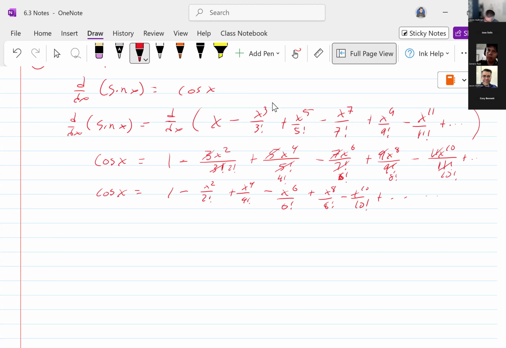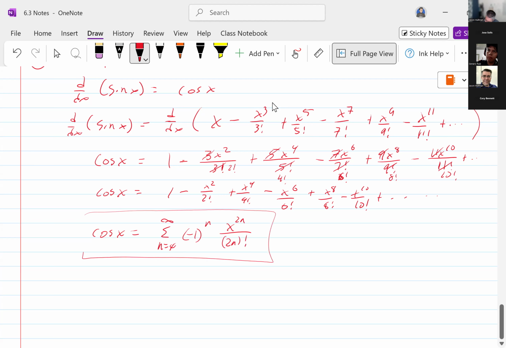So the cosine of x is equal to the summation from n equals 0 to infinity of the alternating series (-1) to the n, x to the 2n over 2n factorial. That's the power series for cosine of x.